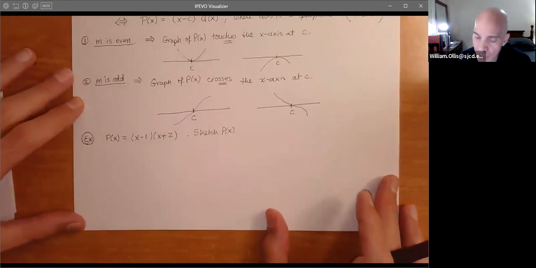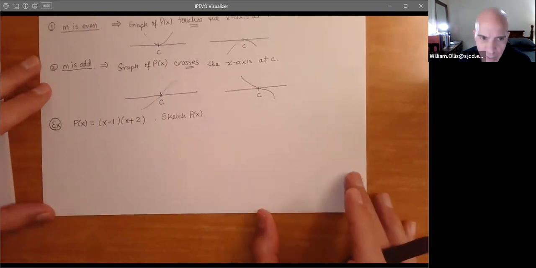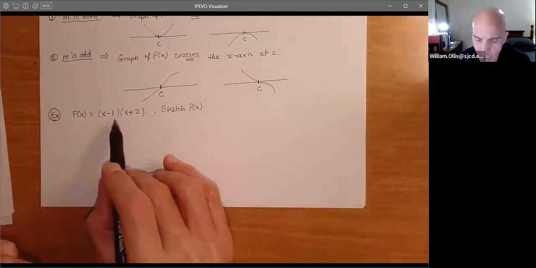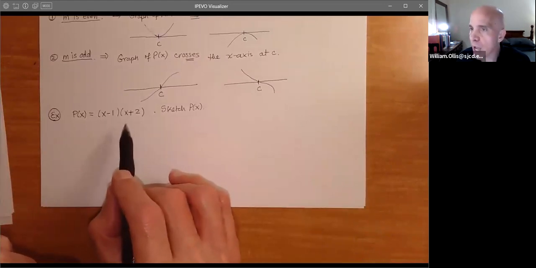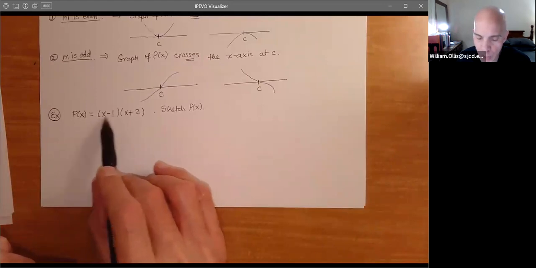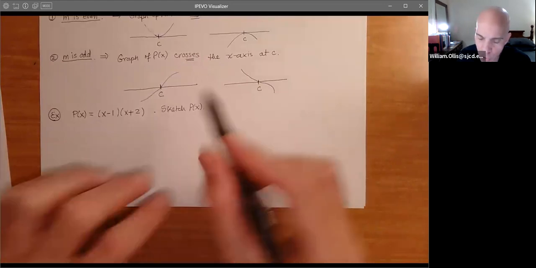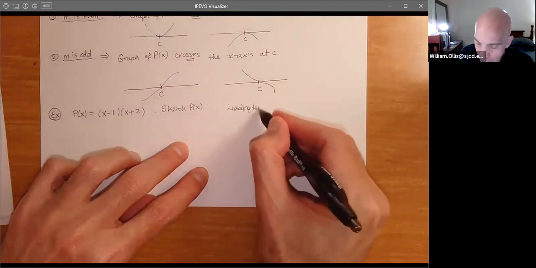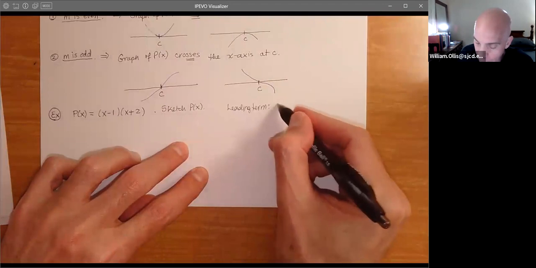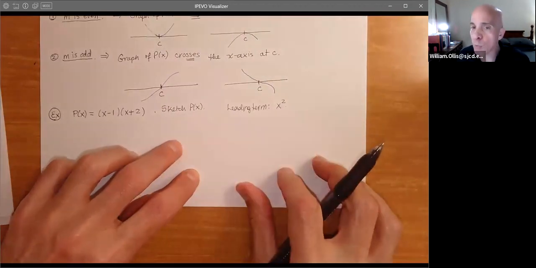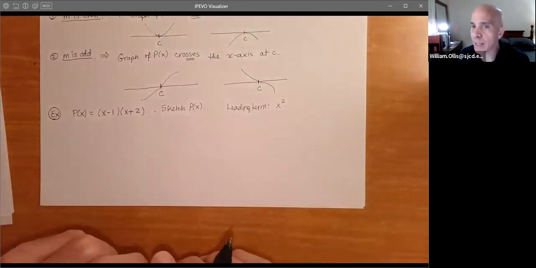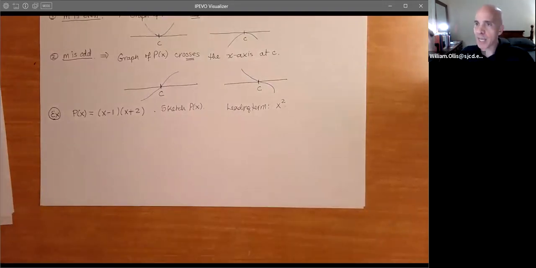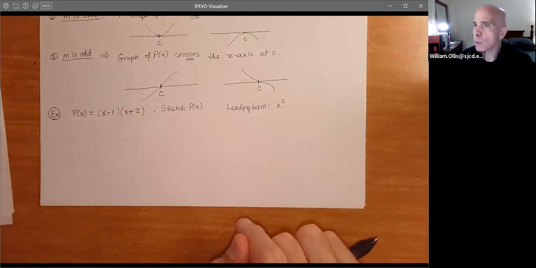So if we look at this, here we're thinking this is not in the standard form, but notice if you multiplied it out, the leading term is x squared. So we know what's going to happen on either end. If x is positive or x is negative, it's still going to be plus. So the end behavior will go off to infinity.